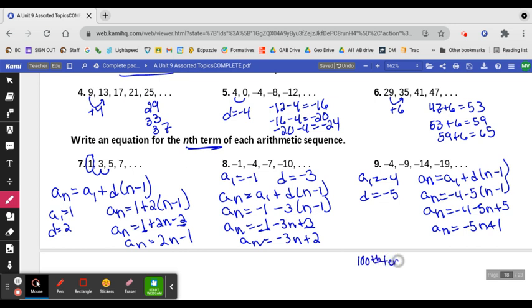For number 9, that means n equals 100. Continuing this pattern out to 100 numbers, my value would be a sub 100, which is negative 5 times 100 plus 1, so it would be negative 499. That's the point of writing these equations.